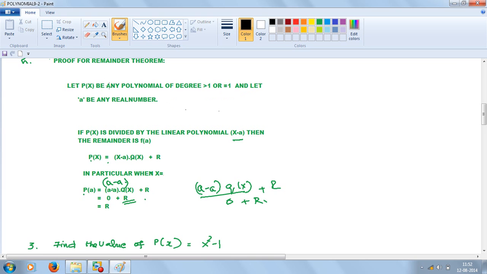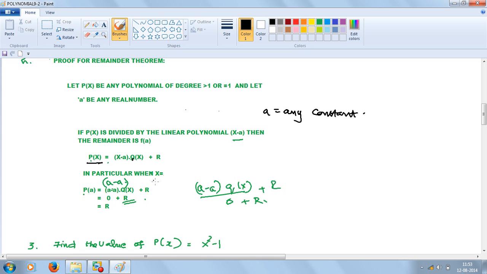When the polynomial is divided by the linear polynomial x minus a, this a should be taken as any constant. Then the remainder is f of a. So polynomial p of x is equal to x minus a multiplied by some quotient q of x plus remainder r.